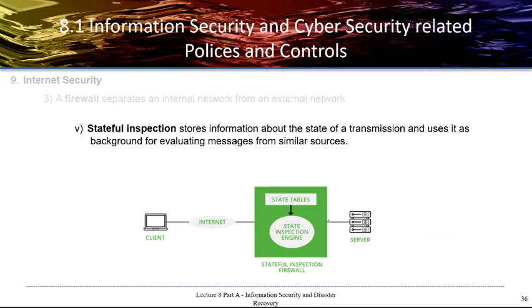The stateful firewall stores the information in state tables in the background, and evaluates what's going on with these messages. Or sometimes if a similar source tries to access, it identifies that that's not the correct device.